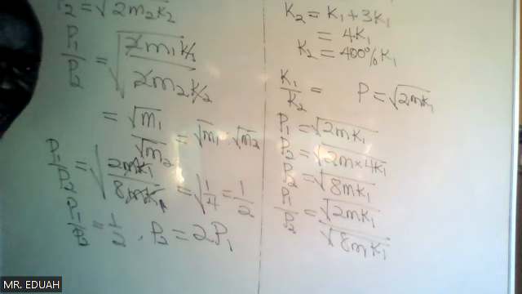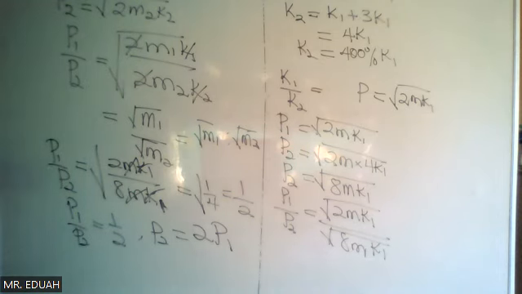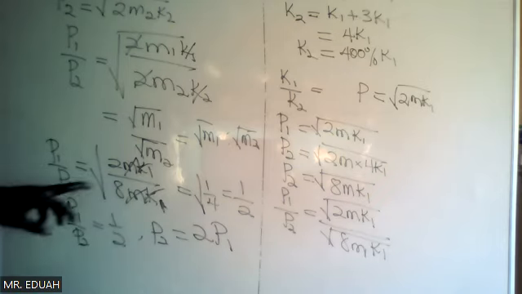Nanepia, go ahead with your question. Mr. Eden, please, my question is about the one before this one. You see, with this one, you cancel the 2 and 2 out. So it means the coefficient of the M1 and the M2 is now 1. Where?